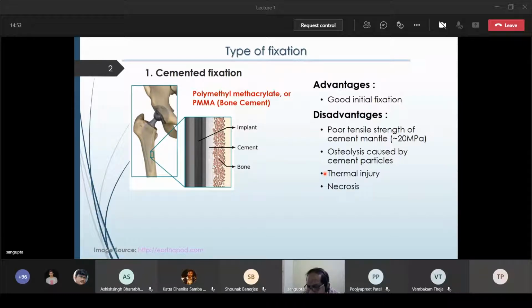It comes as a powder, and there is a monomer, a liquid, that mixes with it. The moment you mix the two, you mix it very hard. They use vacuum mixing also, so that the mixing is of very good quality. It will become a semi-solid type of material.